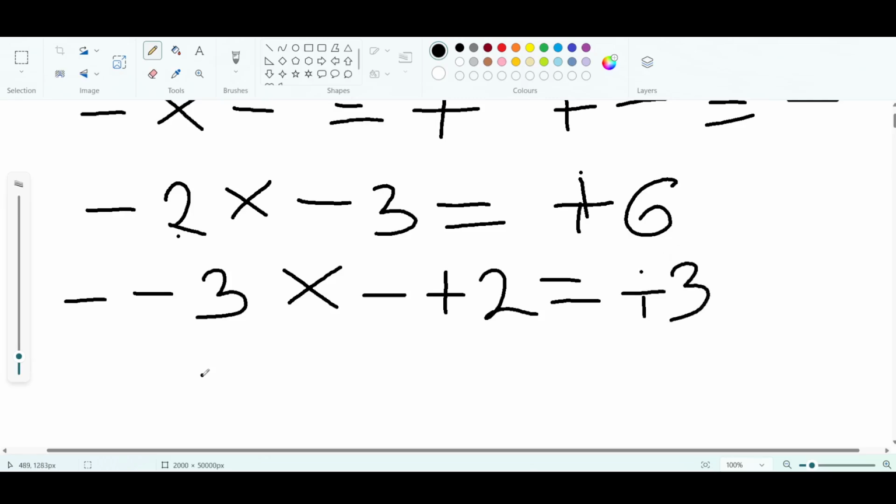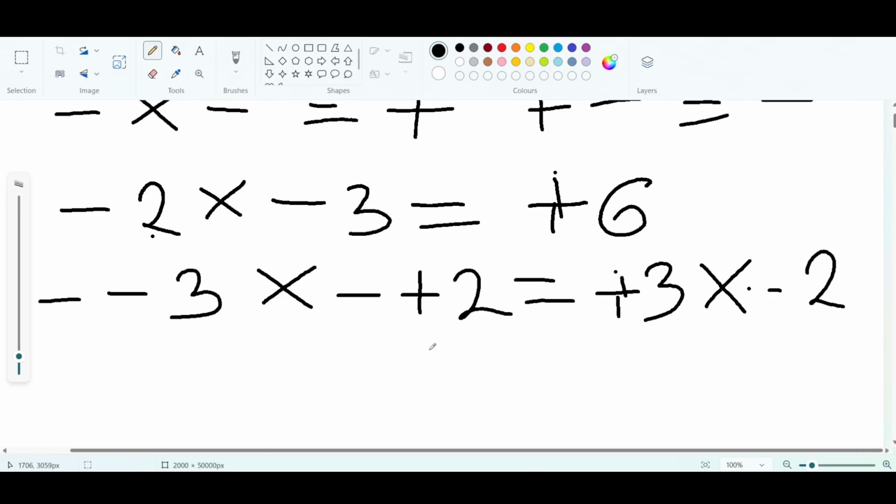And then minus times plus is minus. So now plus 3 times minus 2 is going to be minus 6, right? Yes, minus 6. So this is how we obtain this.